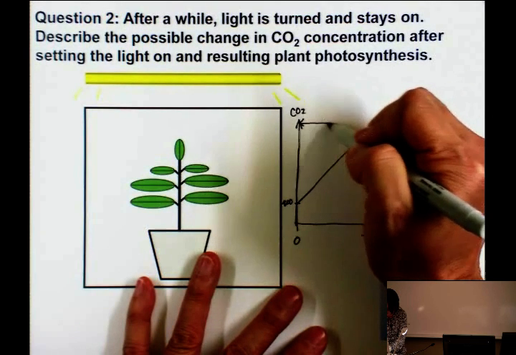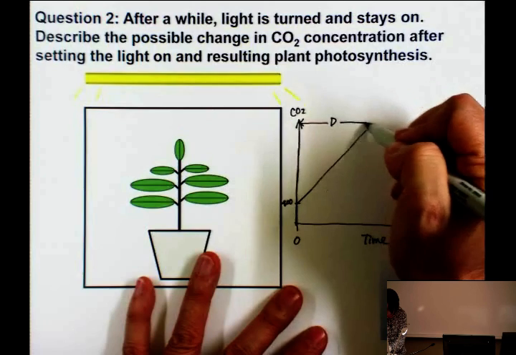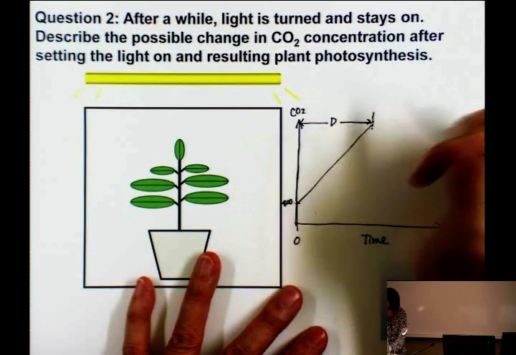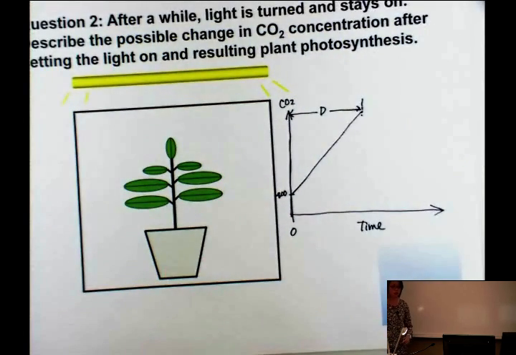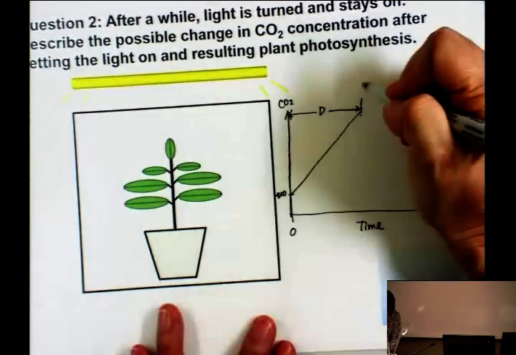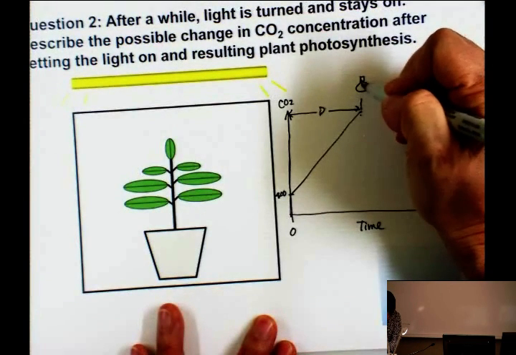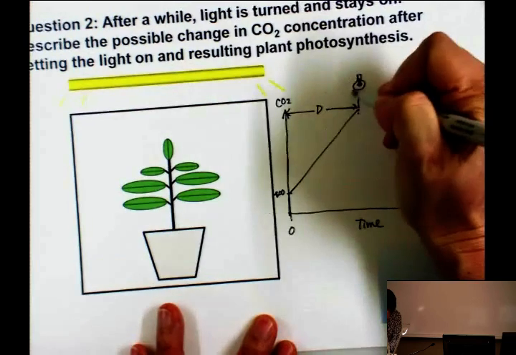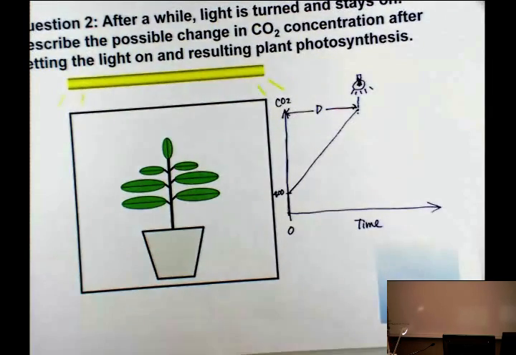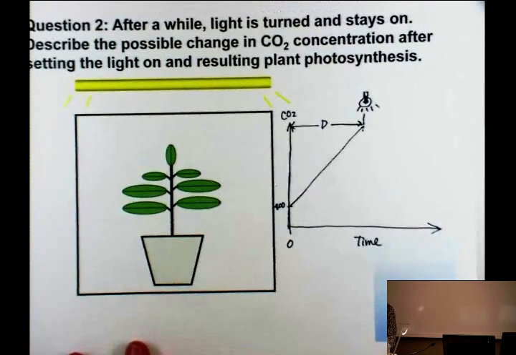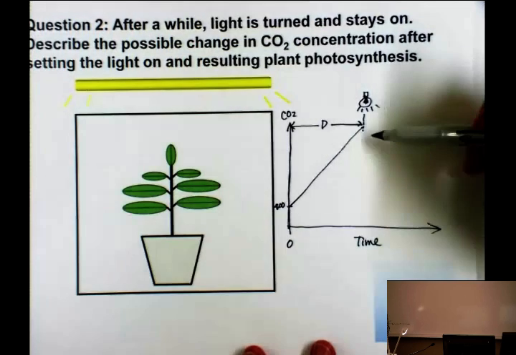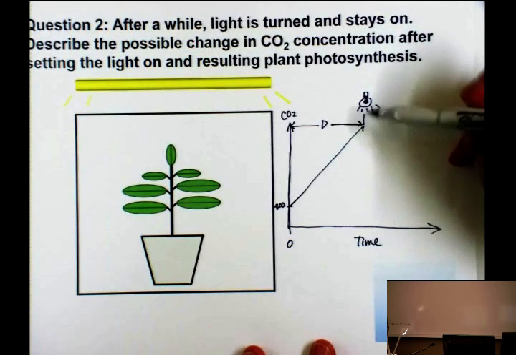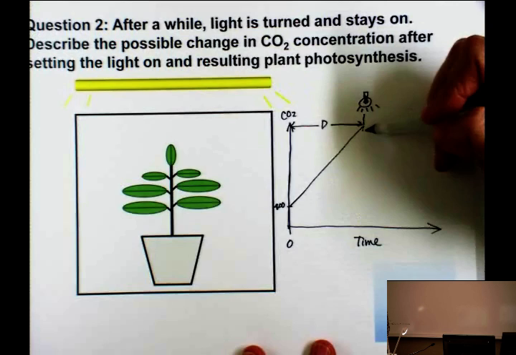So this time is the darkness, up to here. Okay? All right, so I turn the lights on. Lights on. And what do you think in terms of CO2 concentration change over time? Decrease. Okay, and then what happened?